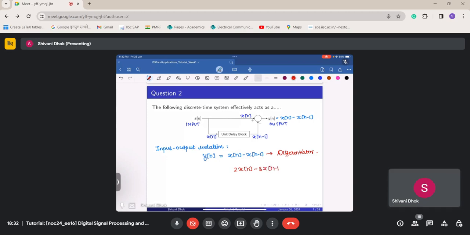Yes, this will be a finite impulse response filter, and we'll have to check its frequency domain representation to see what kind of filter it is. It might be a low pass, band pass, that kind of thing.